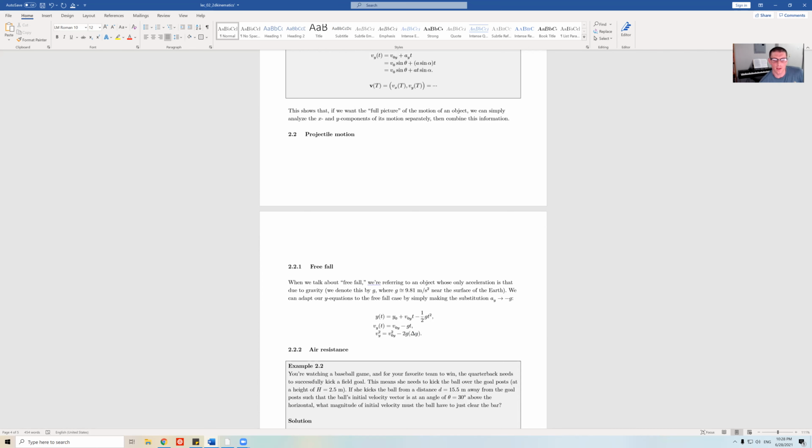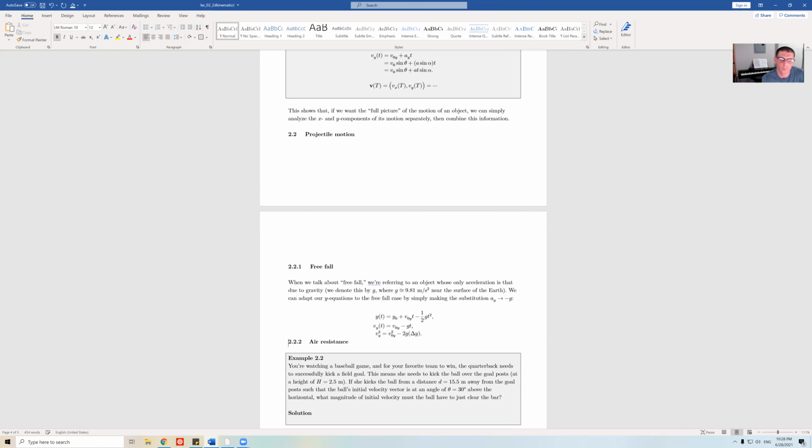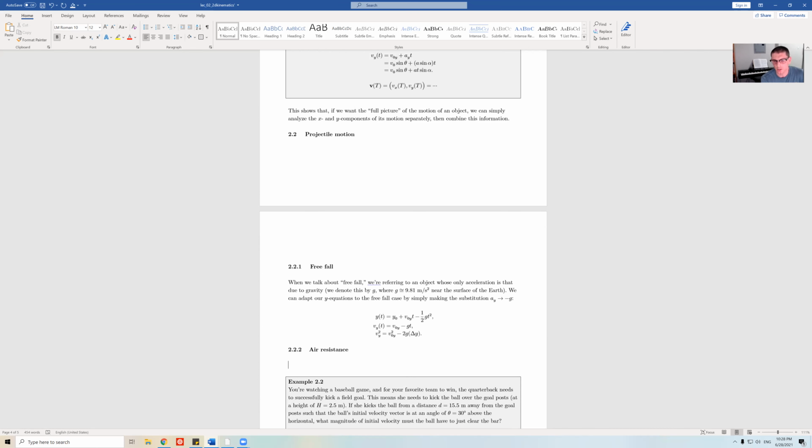And so there is more to it though, because we need to change the x equations as well, right? Remember that I just said the only acceleration acting on the object we're thinking about here is due to gravity. And so I'm going to do a little sidebar here and talk about air resistance, which we'll pretty much always neglect, right?